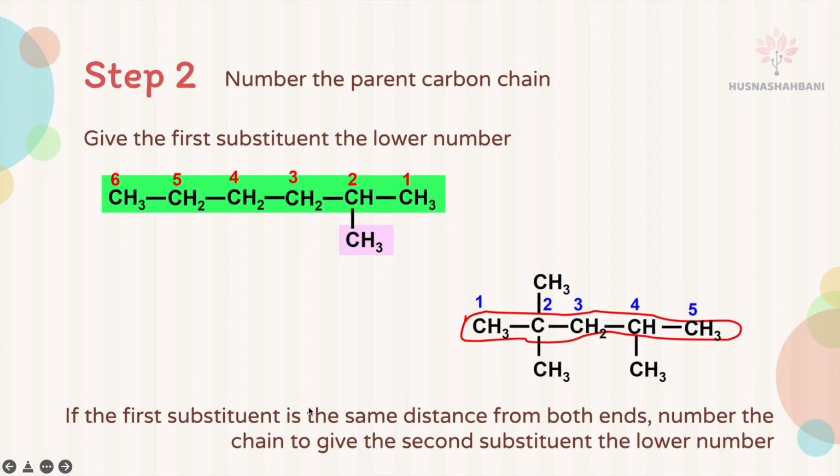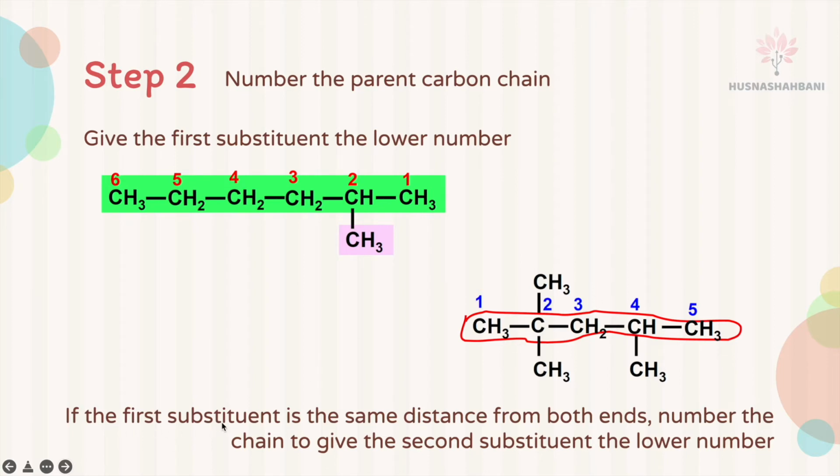If the first substituent is the same distance from both ends, number the chain to give the second substituent the lower number. For example, here, you start counting from the left, 1, 2. So substituent at carbon number 2. And then if you start numbering this carbon as carbon number 1, this substituent will get attached to carbon number 2 as well.